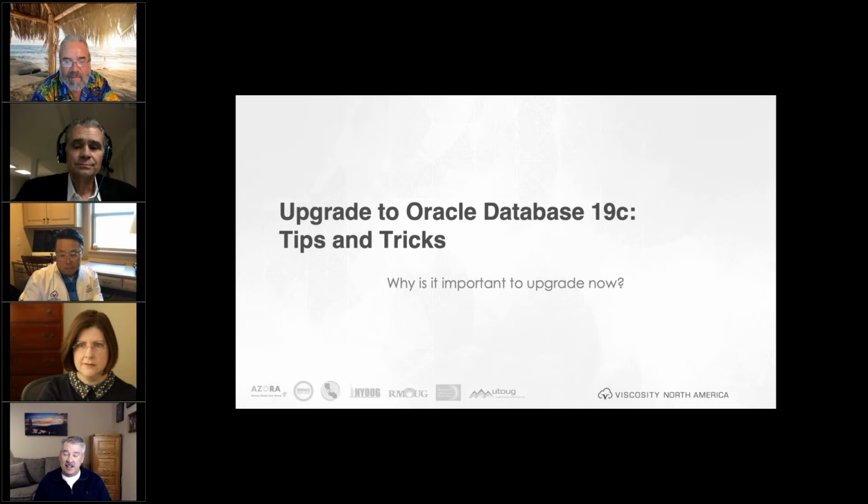And then with that, the other thing I have is optimizer settings. Especially in my case, when I'm talking with customers about Database In-Memory, plans are going to change when you implement or enable Database In-Memory to access your data. And so preserve optimizer statistics and execution plans before the upgrade, so you know what it ran like after you've upgraded.